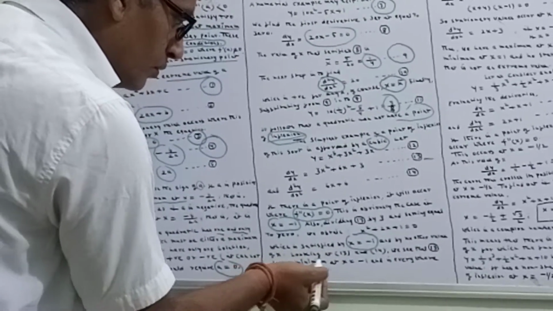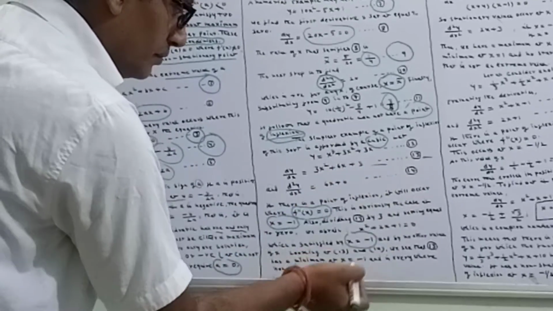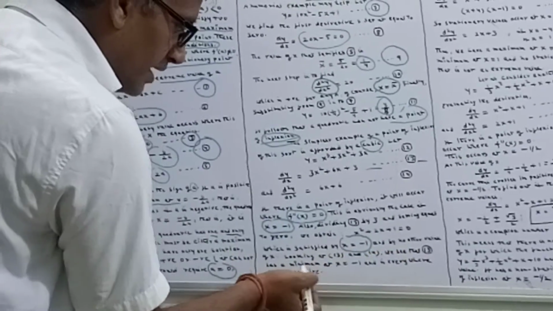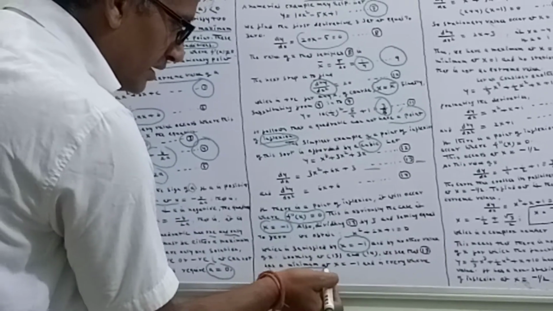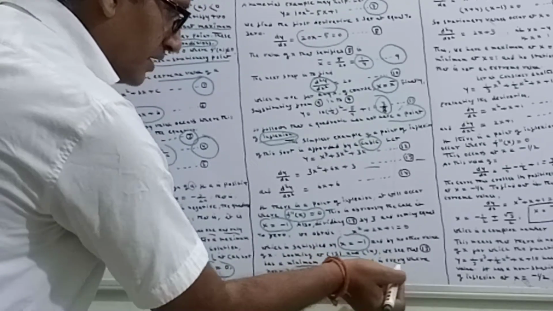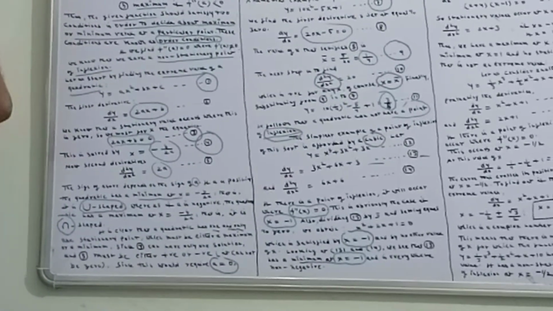Looking at 13 and 14, we see that 13 has a minimum at x equal to minus 1 and is everywhere non-negative.